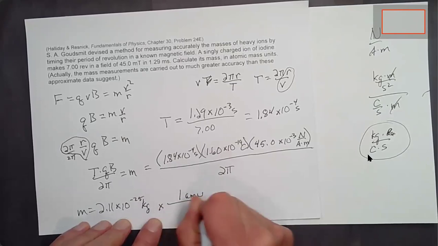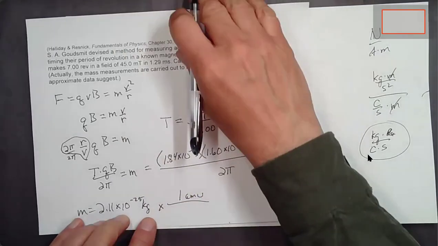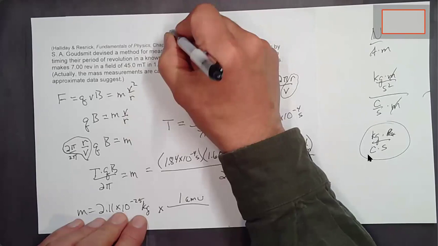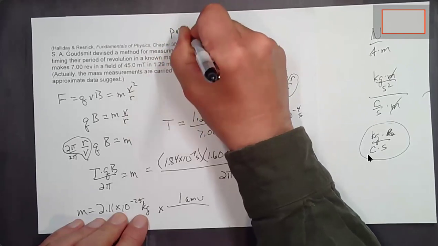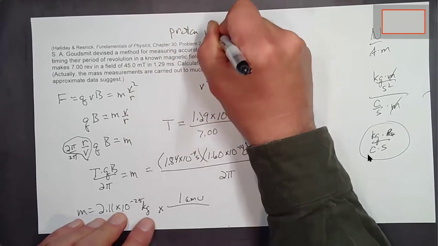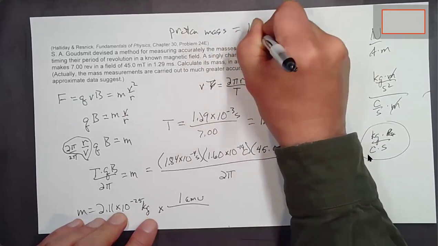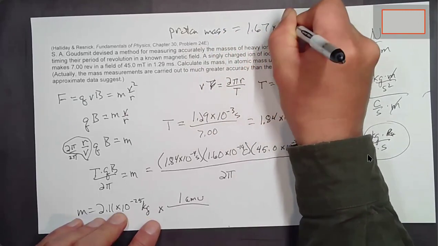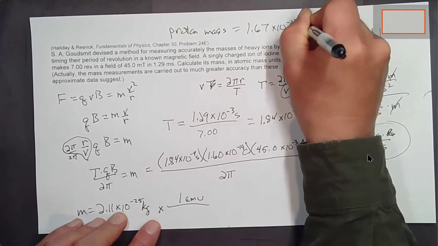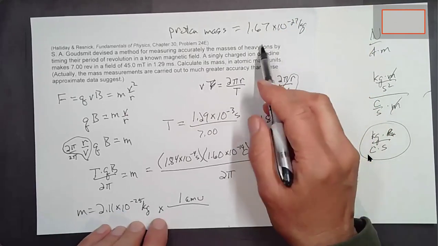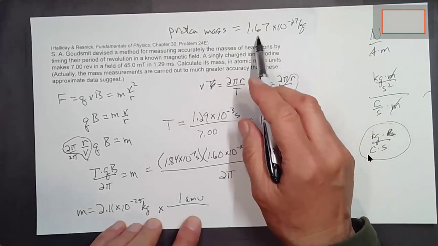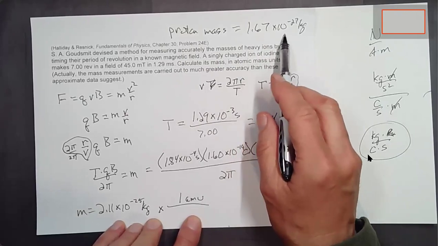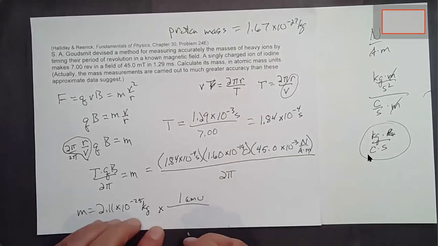The mass of a proton is 1.67 times 10 to the minus 27th kilograms. But an atomic mass unit is a little less than that. It's 1.66 times 10 to the minus 27th kilograms.